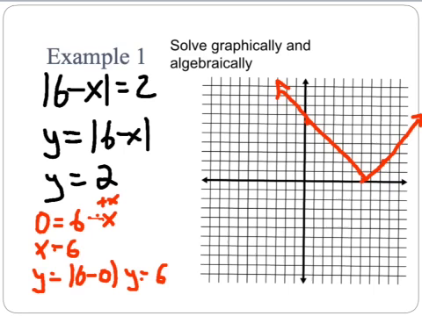Okay, so the last step we have here is to draw our y equals 2 part of the graph. Okay, so let's draw y equals 2, and that goes right there.